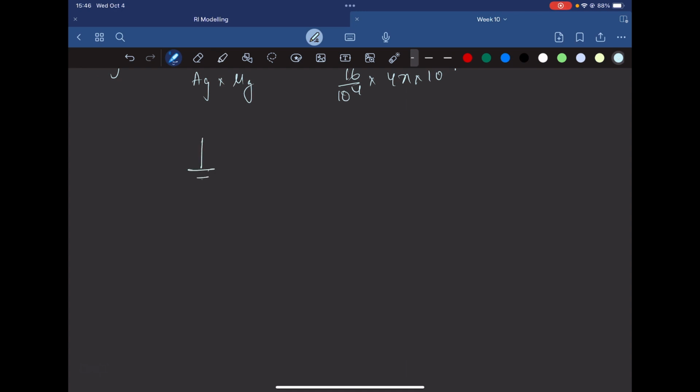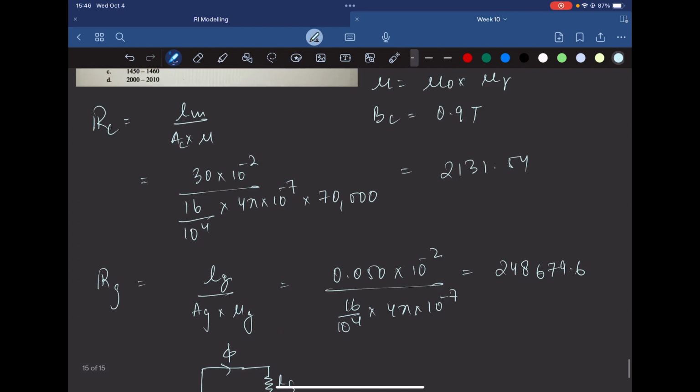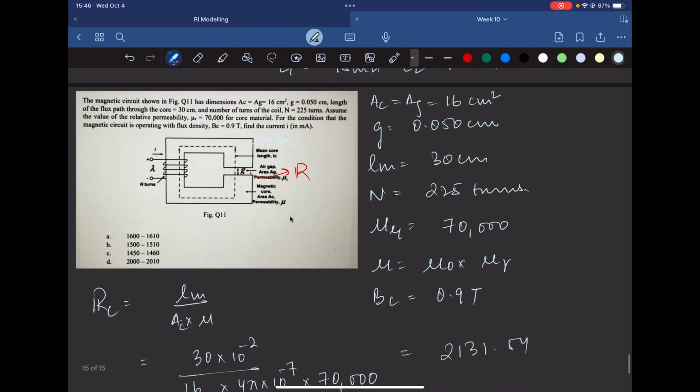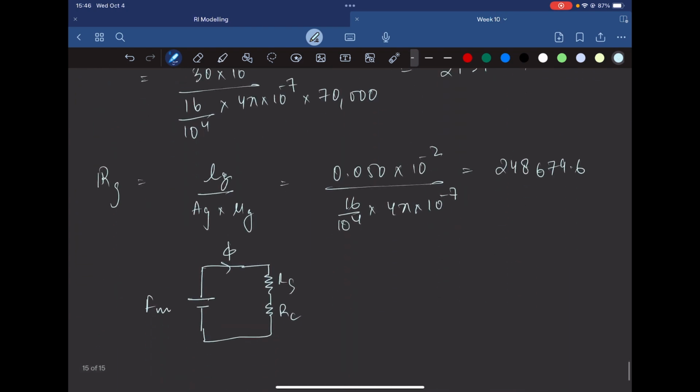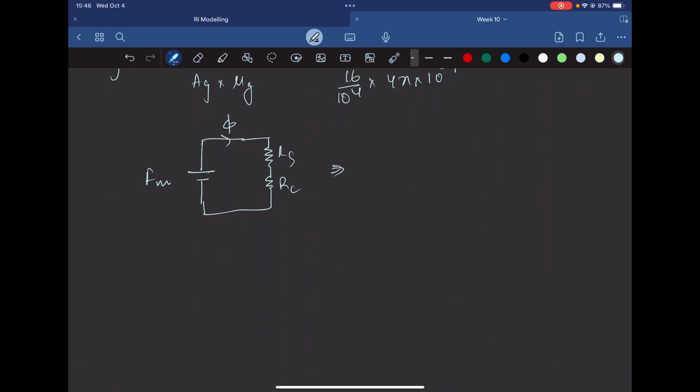Now, as I've already told you, you form a parallel between the magnetic circuit and an electric circuit, and the driving force is your MMF, magnetomotive force, which is driving the flux around these two reluctances, Rg and Rc, right? So we are required to find the current which will flow.